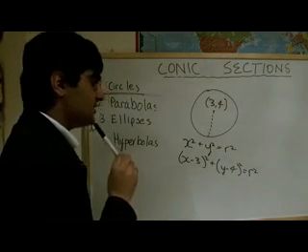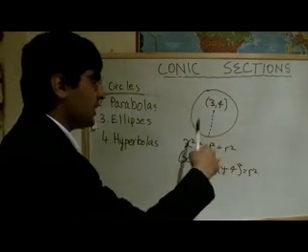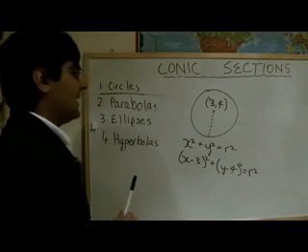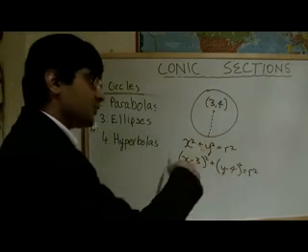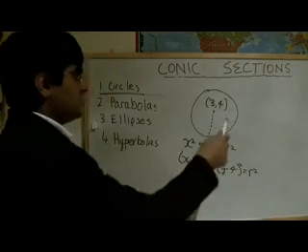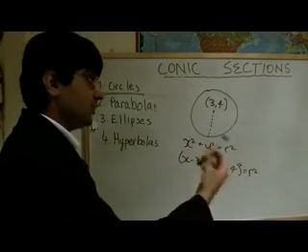You'll see why I'm doing this when we come to the other conic sections, because some of the principles we've just reviewed will come in useful when it comes to ellipses and hyperbolas. This is just a recap on knowledge you already have. So, the standard circle has center 0, 0, a non-standard circle does not.